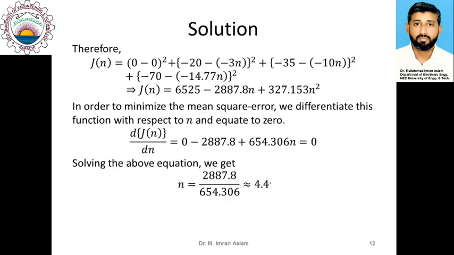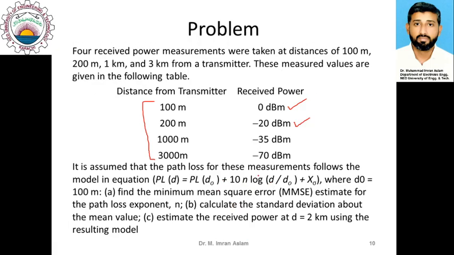Okay, so let us now move on to the third part, which is calculating the received power at a distance of 2 kilometers. You know that we are already given the received power at the reference distance. Our reference distance d naught is 100 meters, and we are given that the power at the reference distance is 0 dBm.